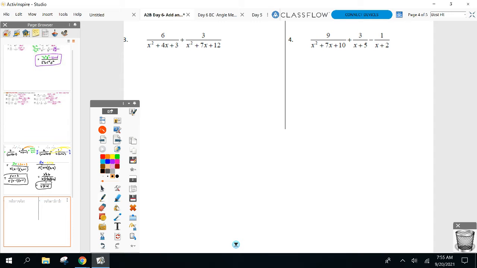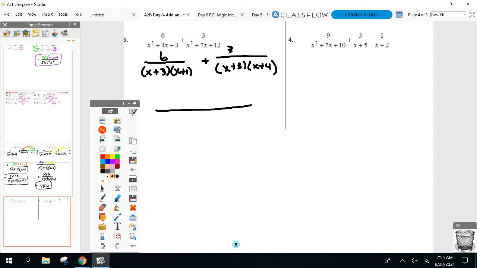These should be no big deal to factor at this point. Figure out what they have in common, write it in your denominator, and then what the heck is left over.